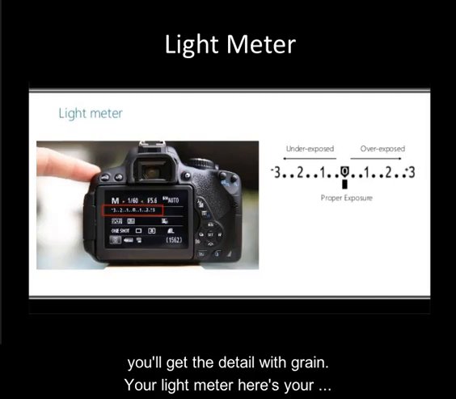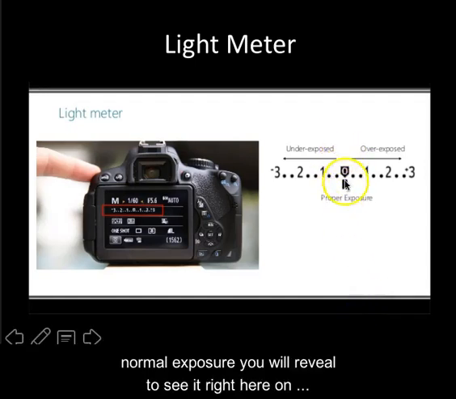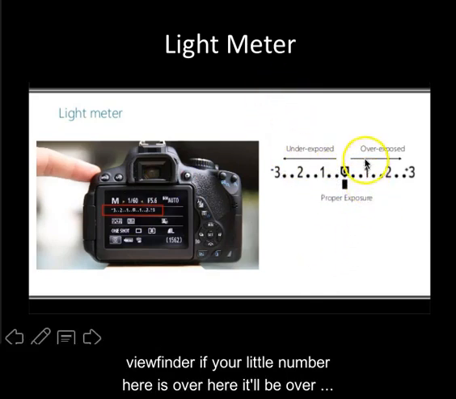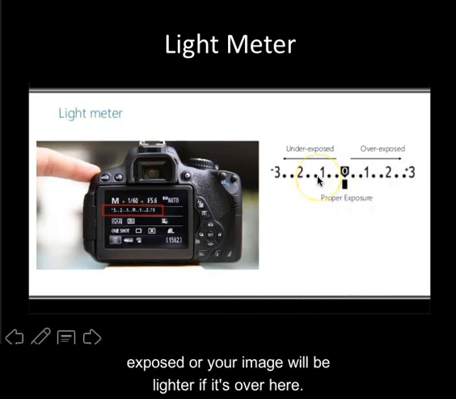Your light meter, here's your normal exposure. You will be able to see it right here on the back of your camera. You'll also be able to see it in your viewfinder. If your little number is over here, it'll be overexposed, or your image will be lighter. If it's over here, it'll be underexposed, or darker.